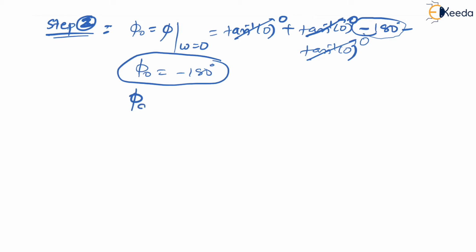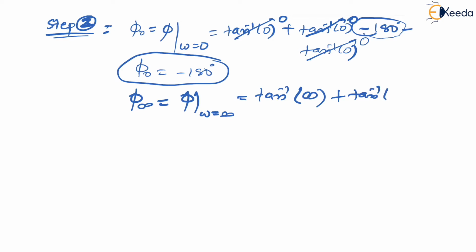Now let us think of phi of infinity. What is the angle at infinity? Phi at infinity is nothing but the angle at omega equal to infinity. How to find that? Again, you put tan inverse of infinity plus tan inverse of infinity minus 180 degrees minus tan inverse of infinity. How much is tan inverse of infinity?